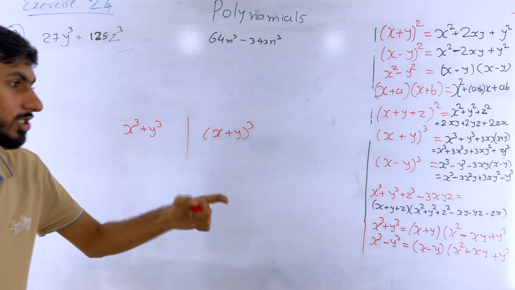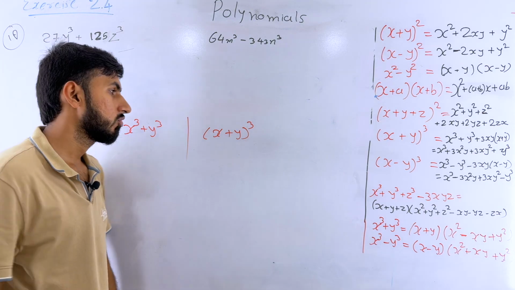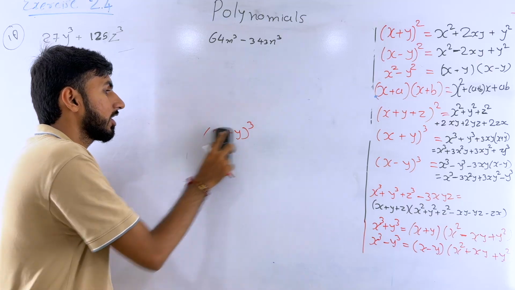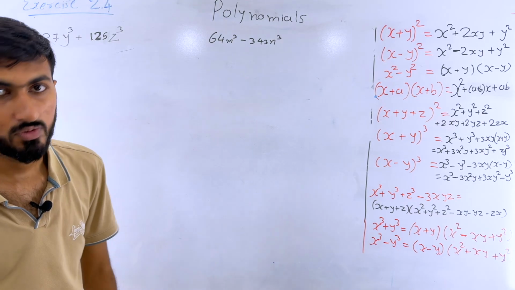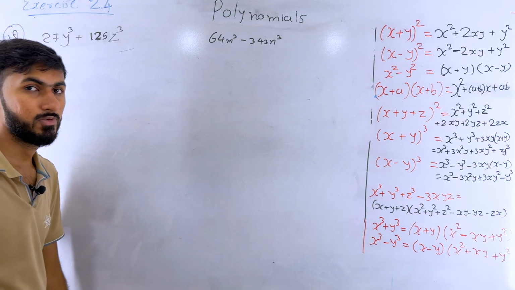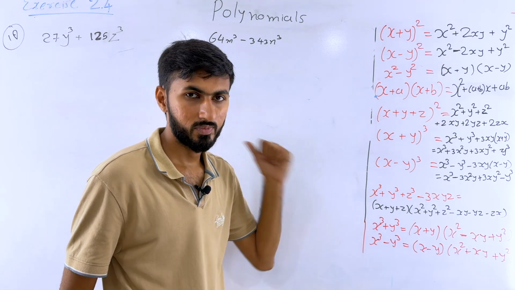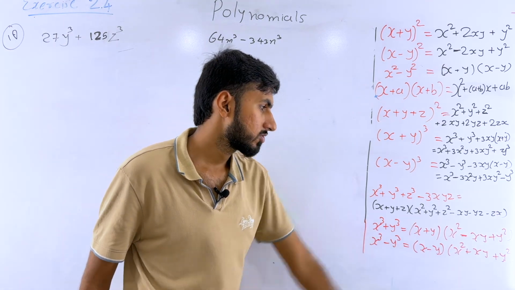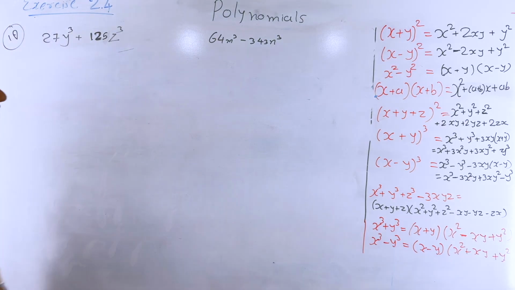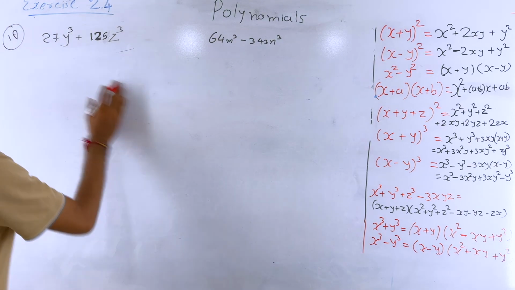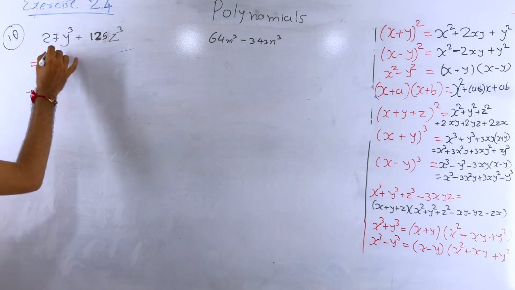But in the last question, question number 9, I told you to remember it as an identity also. So we will use that in this factorization of x cube plus y cube. We have a question of this type here, so my answer will be x plus y in the first bracket, and the second bracket will be x square minus xy plus y square. So let me convert it into a suitable form.